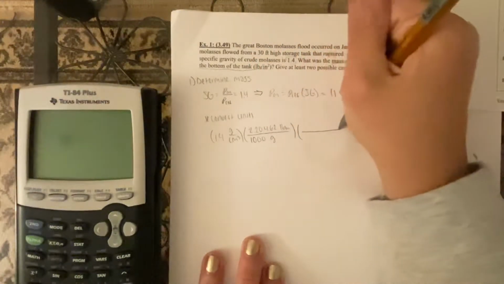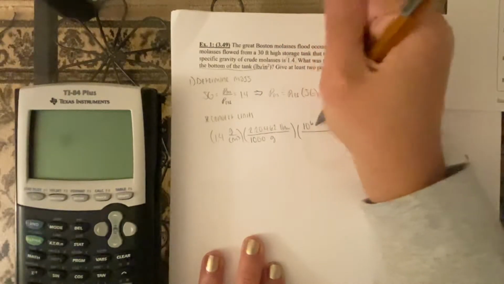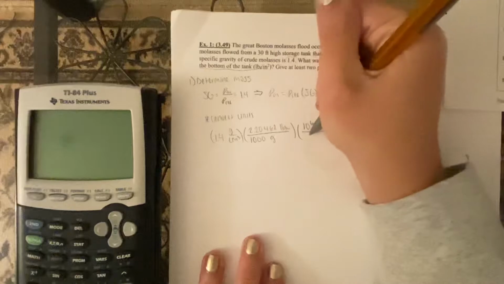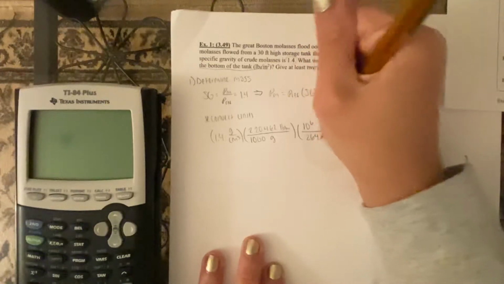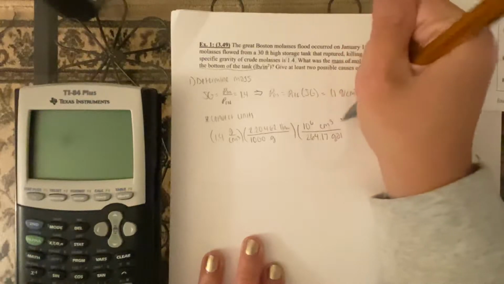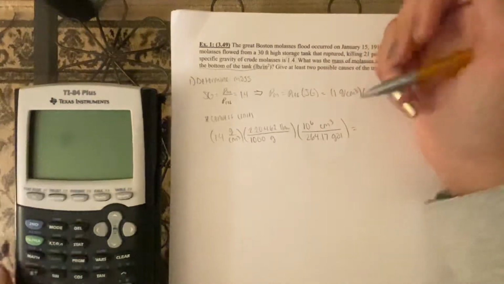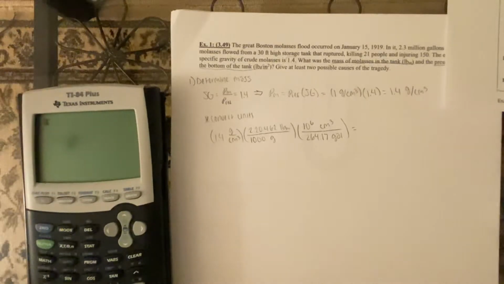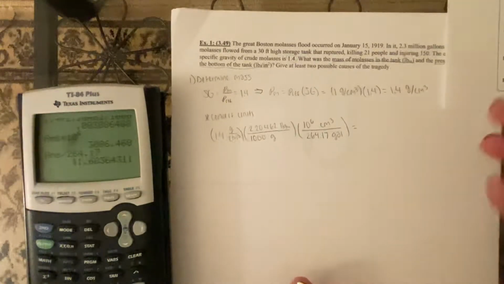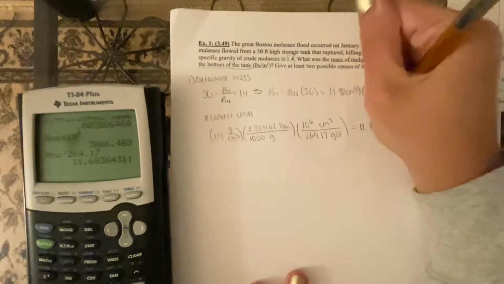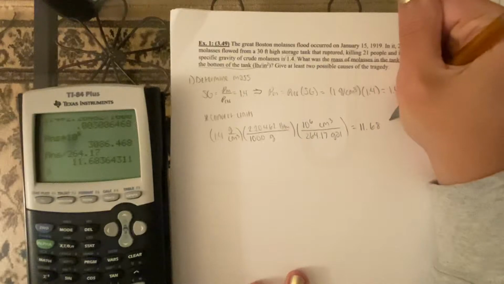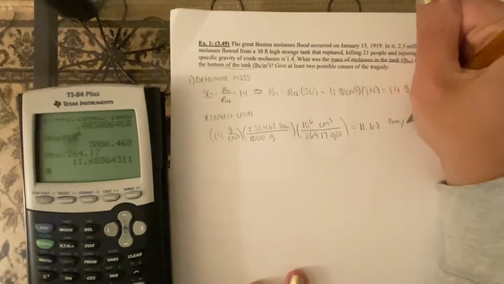Now we want to convert from centimeters cubed to gallons, and I use the same conversion table that I just showed y'all. Now we can plug all this in, and we get that our density is 11.68 pounds mass per gallon.